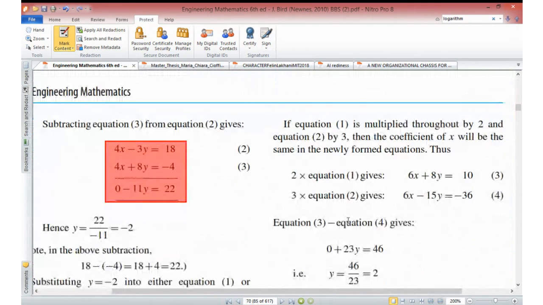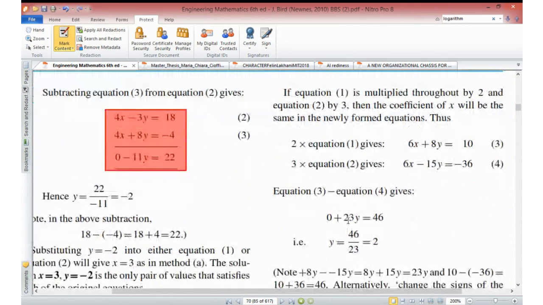So we get 4x minus 3y is equals to 18. Then you subtract so that you get a 0 at x. So when you do your proper subtraction, that's what you need to arrive at. So you'll have 4x minus 4x is 0, minus 3y minus 8y is 11y.